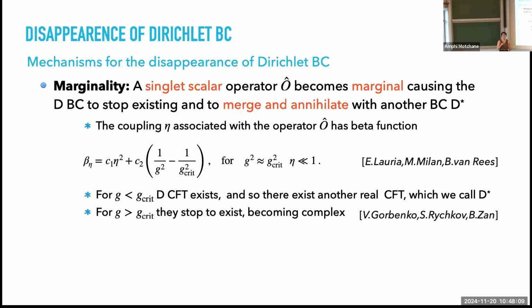So we want to show that at some point it disappears, but we know that for G less than G critical, it exists. So this means that for G less than G critical, another solution of this equation must exist, which we can call the Dirichlet star. But if G gets larger than G critical, the two CFTs stop existing, becoming complex.